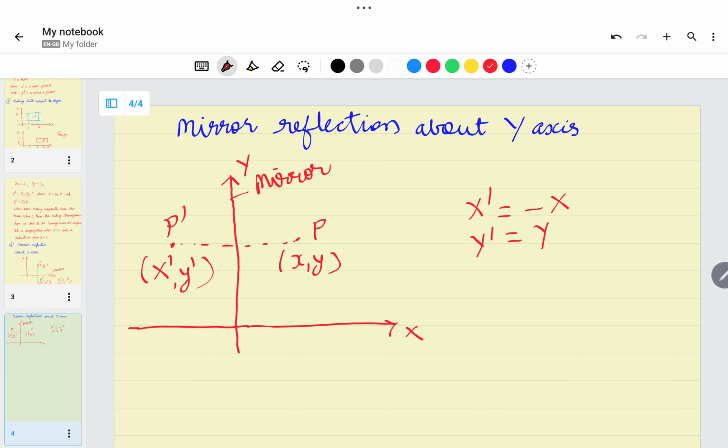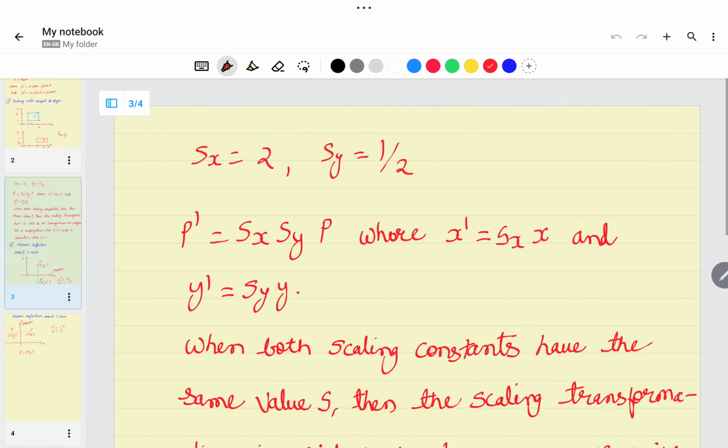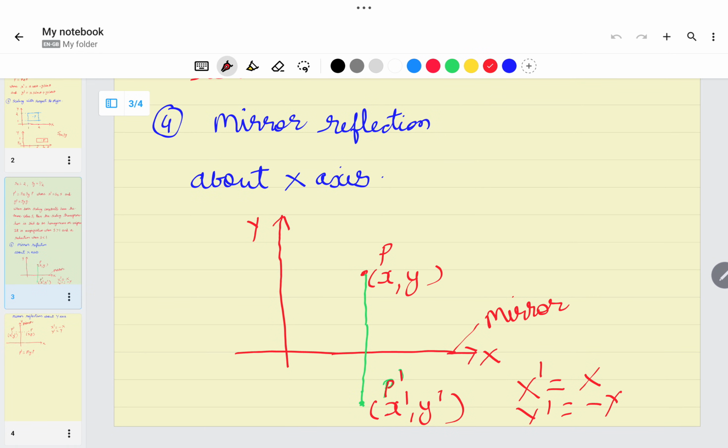We have the notation for these transformations. P dash is equal to mirror reflection about y axis of P, and in the previous case we can write P dash is equal to mirror reflection about x of P. The notation is mx.